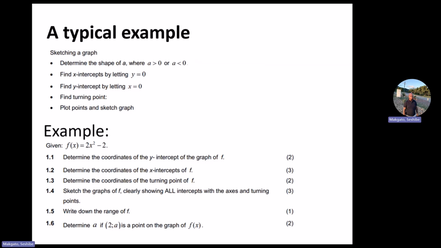Then we have x squared minus 1, which is the difference between two squares. So that will be x minus 1 into x plus 1. And then x is equal to plus 1, or x is equal to minus 1. So your coordinates should be x equals minus 1, x equals plus 1.